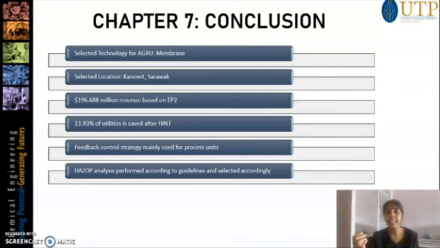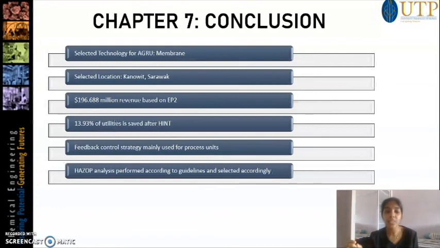After that, heat integration was performed using HINT software to save the cost of utility by maximizing energy recovery and to avoid the wastage of energy. After performing HINT, the utility saved is 13.93%, with 2 coolers placed below the pinch, 1 heater above the pinch, and 1 heat exchanger below the pinch.